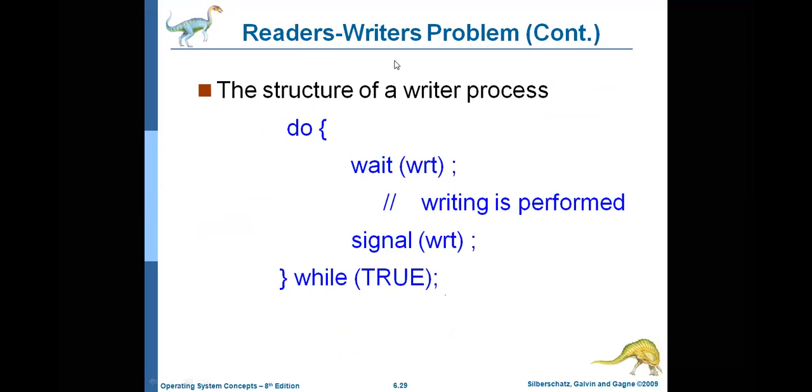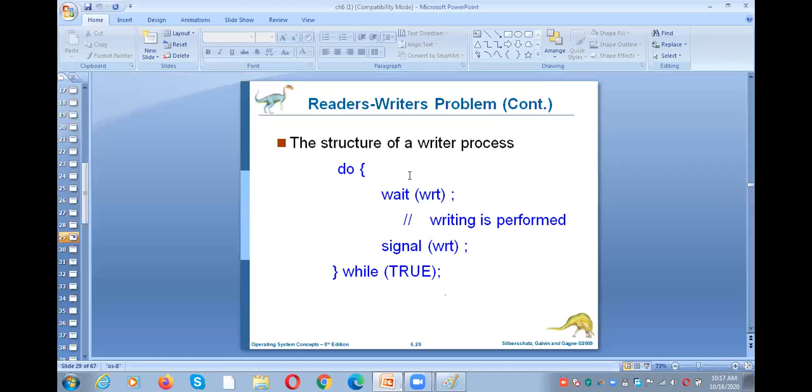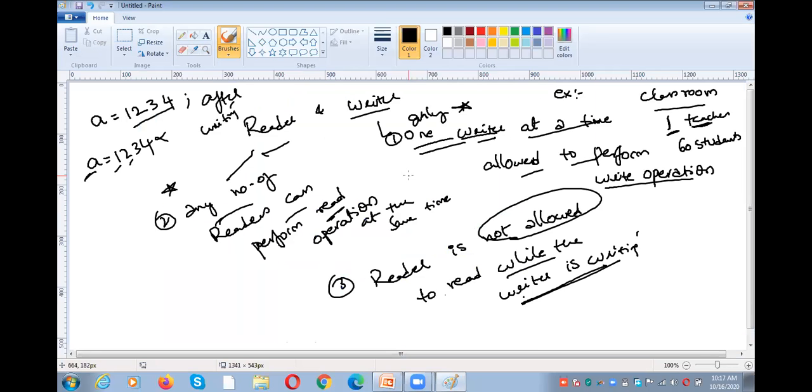So this is the reader-writer problem, and this is the writer process. Whenever the writer tries to perform the write operation, what is the first condition?